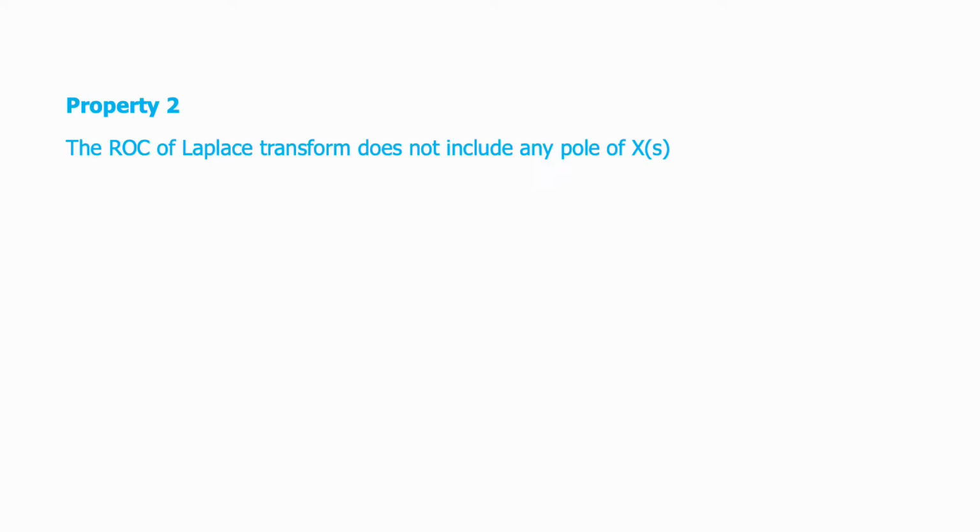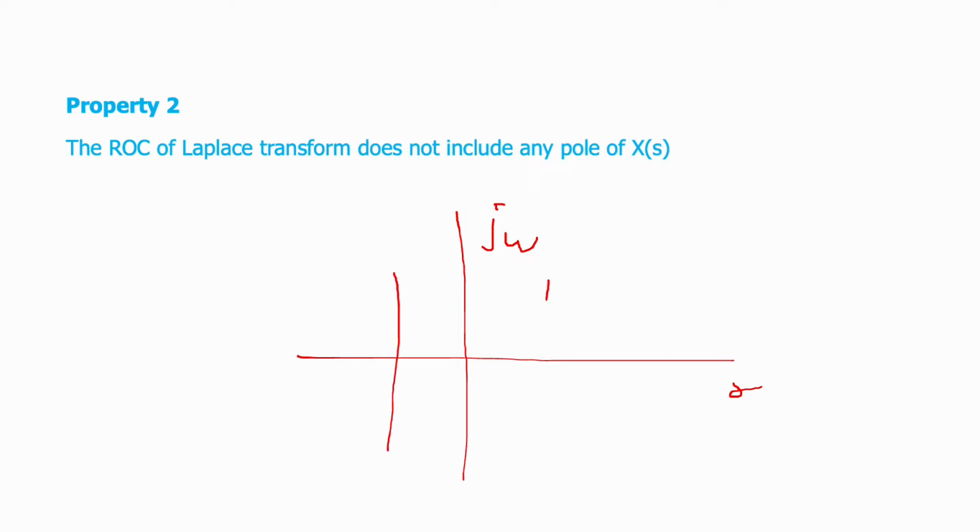For example, you take a y-axis, x-axis, sigma, j omega. Does not include any pole means, for example, if you have a parallel strip, for example, X(s) is equal to 1 divided by s plus 3.